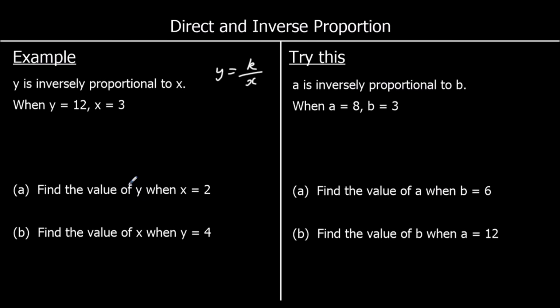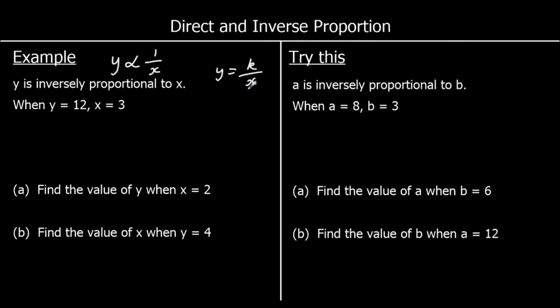So if y is inversely proportional to x, y equals something divided by x. And with the symbol, that would be y is proportional to 1 over x. So if y is inversely proportional to x, y is directly proportional to 1 over x.